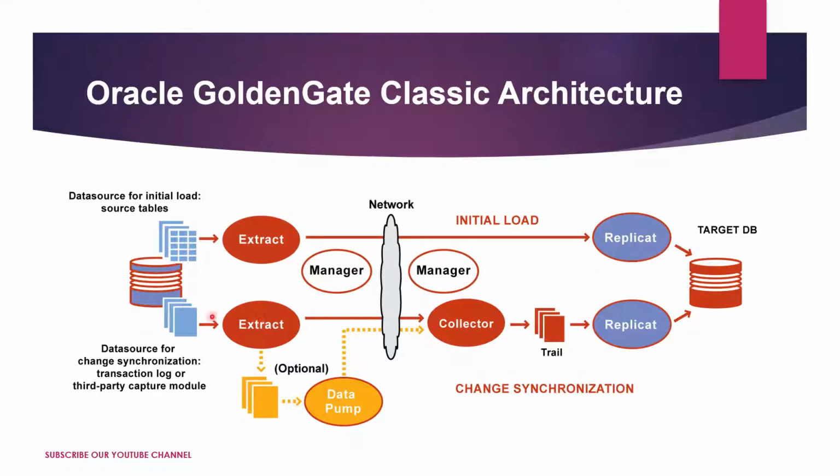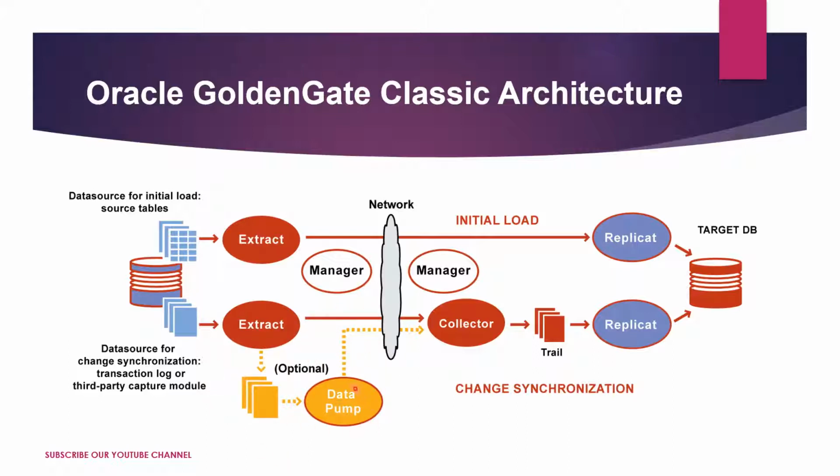If you look at the second half of this diagram, we have the extract process on the source side. You can directly transfer the data between the extract and the collector process. Or optionally, you can see the dotted line, which is an optional component.